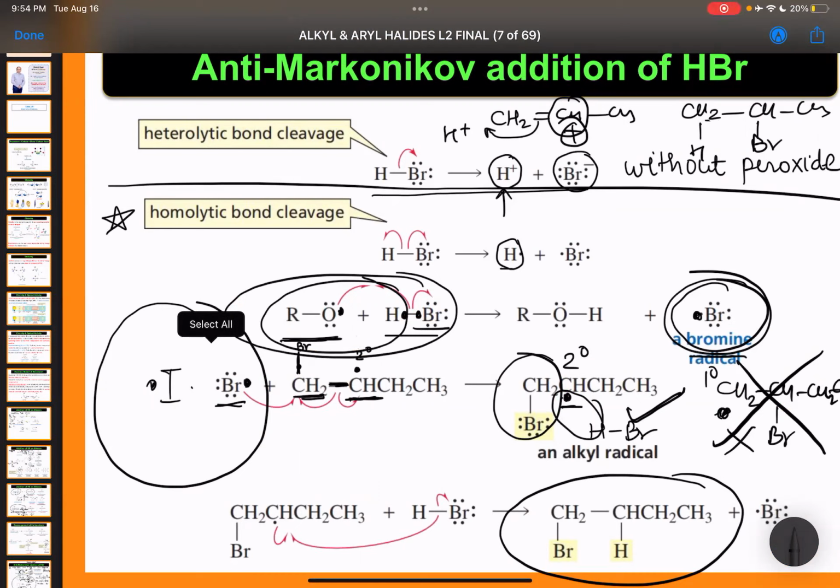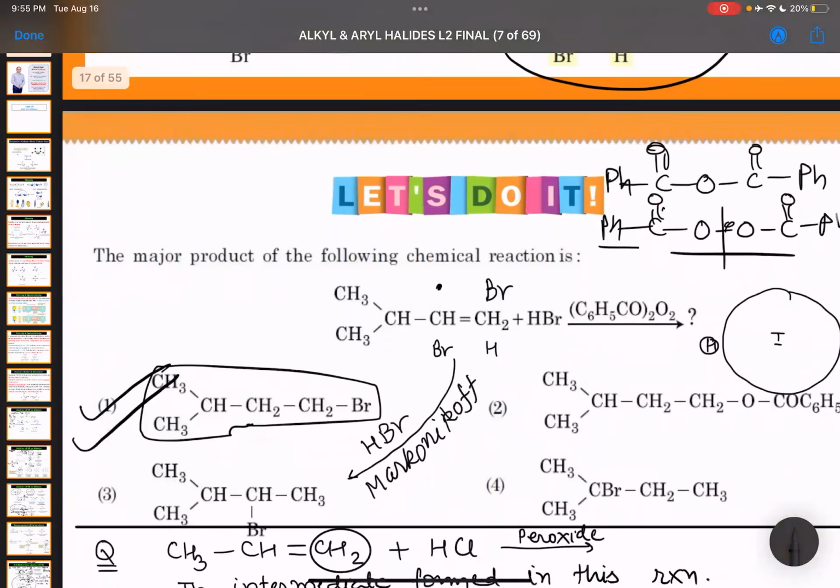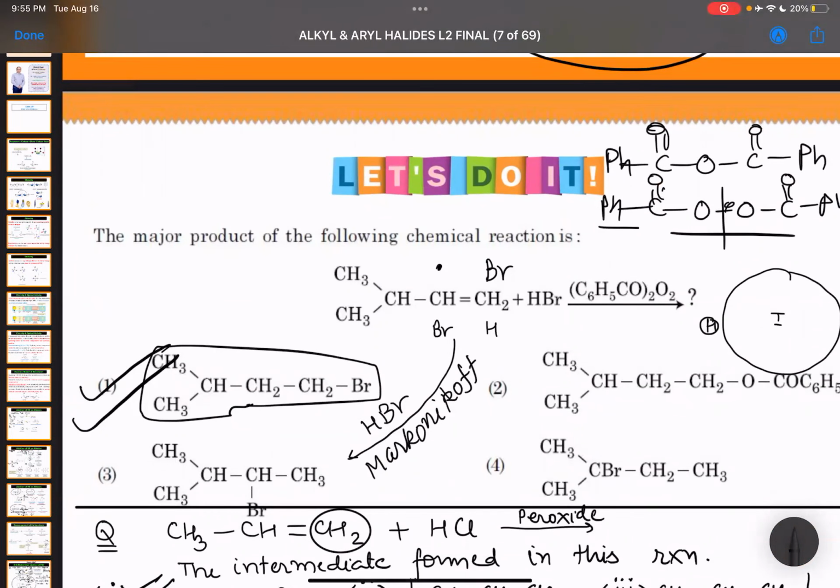HF, HCl, and HI are going to add in the way in which they were adding without peroxide, meaning H plus and Cl minus, H plus and I minus, because peroxide can't change their mode of addition. HF and HCl are not cleaved by peroxide in a homolytic way. Homolytic means radicals are formed by equal distribution of electrons.